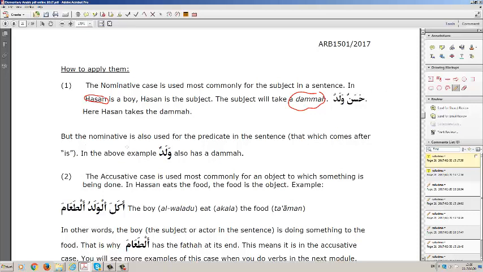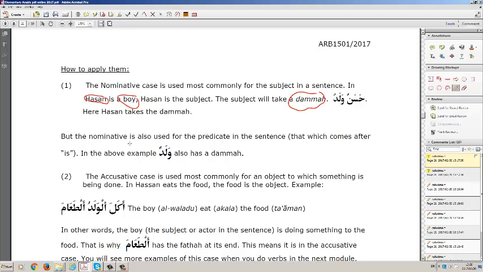dhamma, the u sound. But the nominative is also used for the predicate. Now, in the above sentence, the predicate is what comes after is, here, a boy.